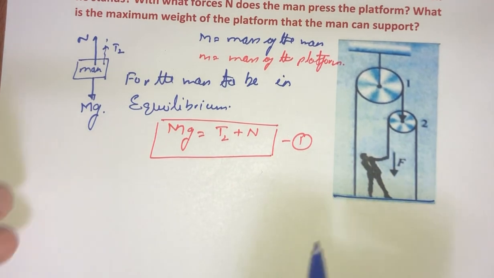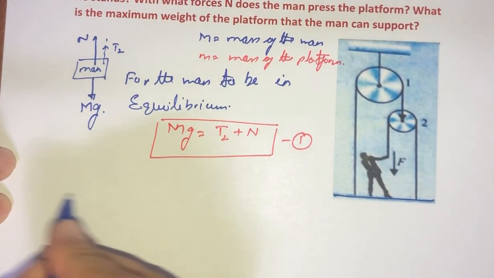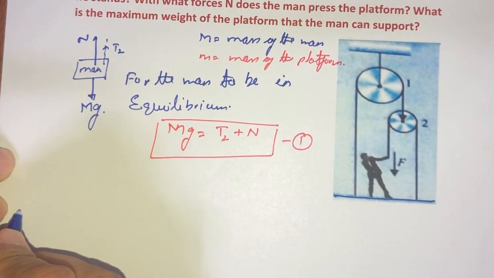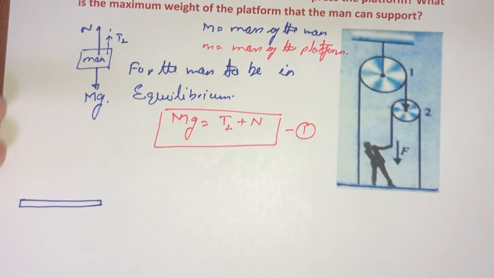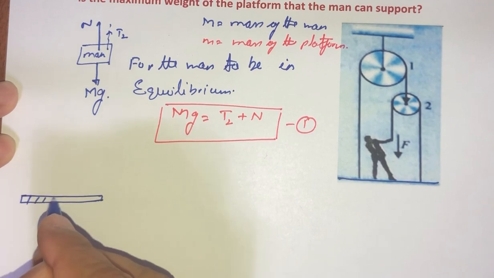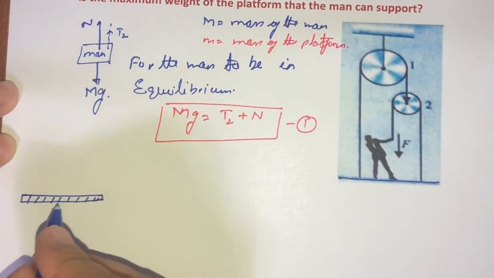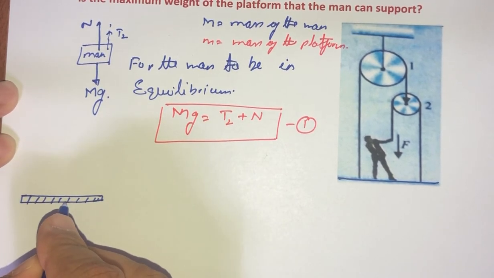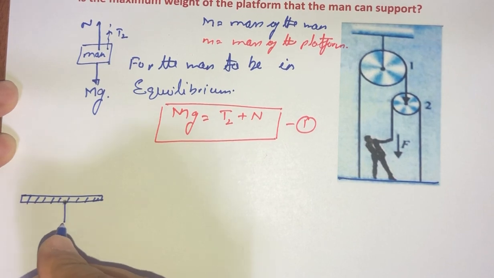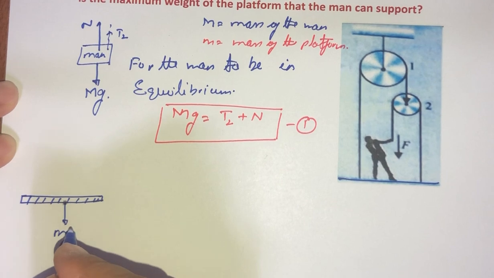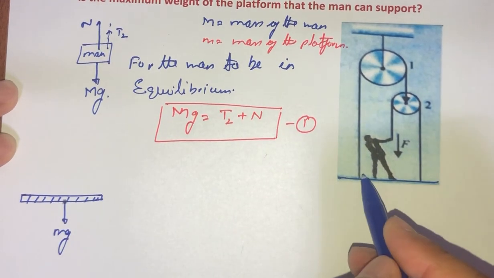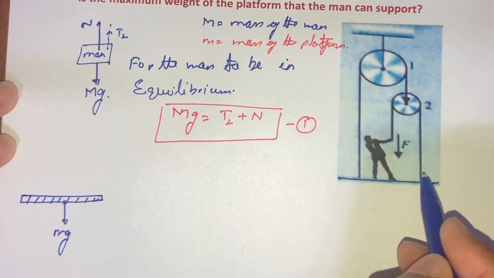Second, we draw a free body diagram for the platform. So let us say this is our platform. In the downward direction we are going to have mg, and the platform is connected with two ropes.